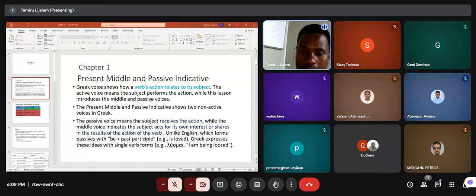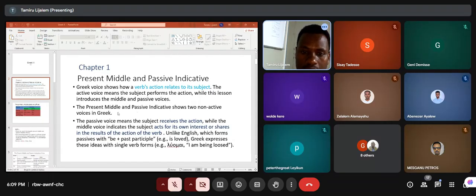Either the subject participates directly in the action: if the subject receives the action, it is passive. If the subject is the doer of the action, it is active. If the subject is both the doer and the receiver of the action, it is a middle voice. So the present, middle, and passive indicative shows two non-active voices in Greek.